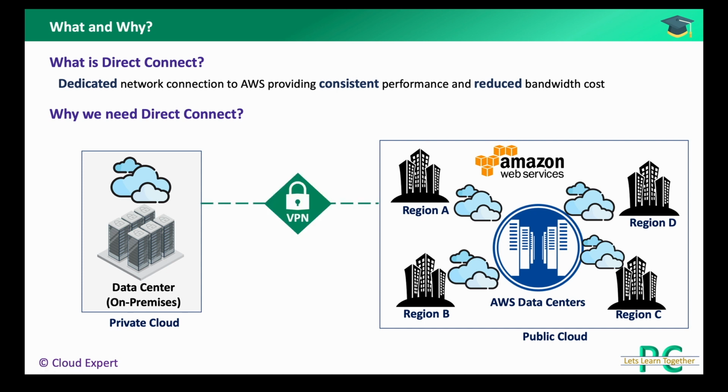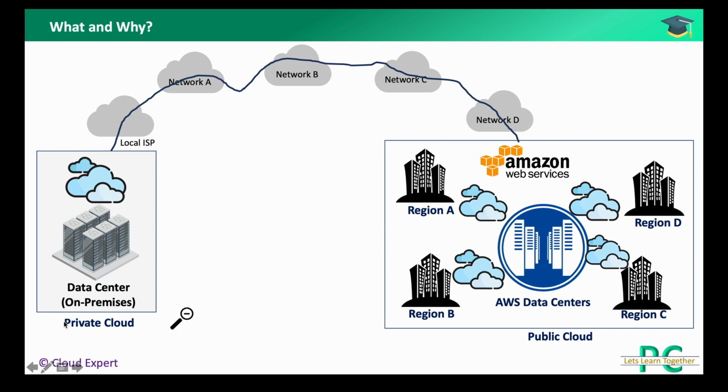The first option is VPN. That means you can set up a VPN connection between your data center and AWS cloud region or AWS public cloud. Now, one thing you should remember, VPN will go over the internet. If I zoom in a little on the VPN technology, we'll see the network traffic from your data center will cross multiple network hops before it reaches the AWS data center or public cloud.